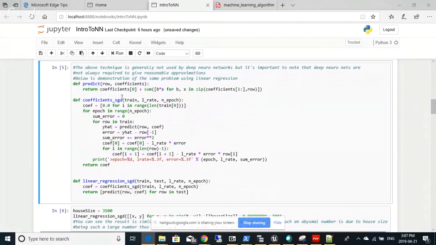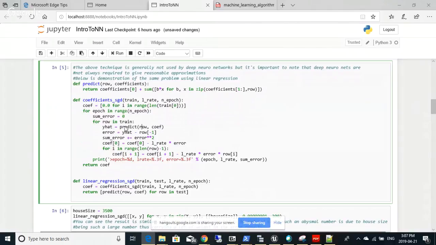Okay, so this is the same problem, but now you have a number of epochs and a learning rate, and based on the equations here, you go through each epoch and through each prediction. This is essentially the weights here. This is how Jason likes writing weights, so I'll keep it that way.